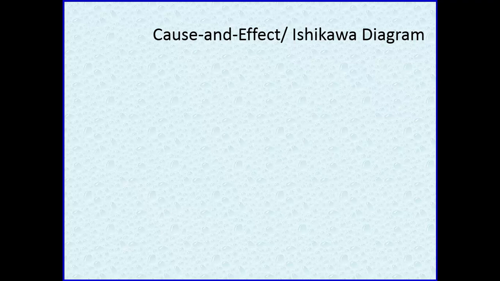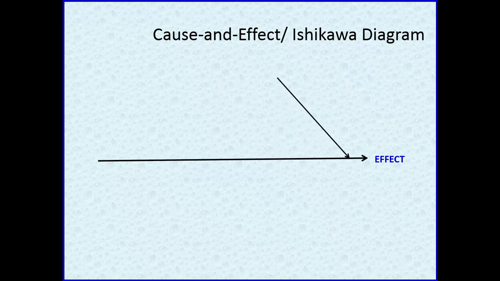Let's look at the parts of a cause and effect diagram. The first part is the effect. Often this effect is a problem. On the other side of the page, we draw an arrow, and this indicates a causality. So all of the causes of the effect or causes of the problem are labeled radiating in to the long spine.